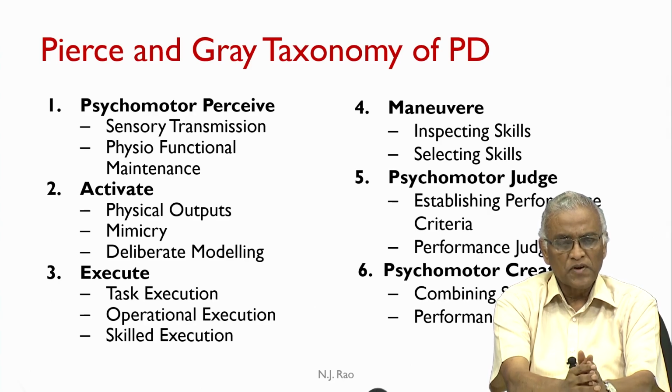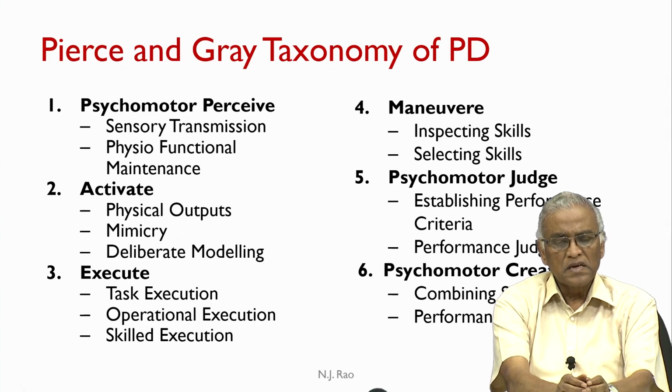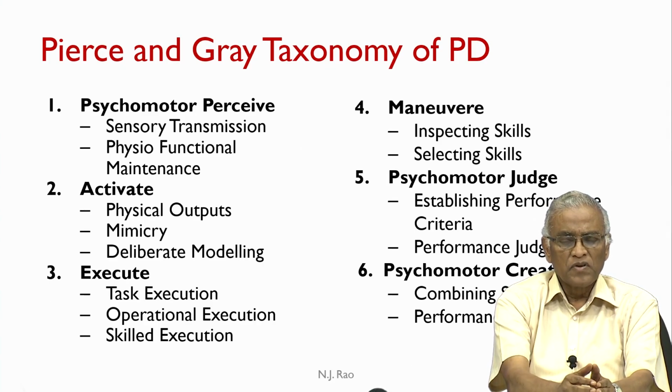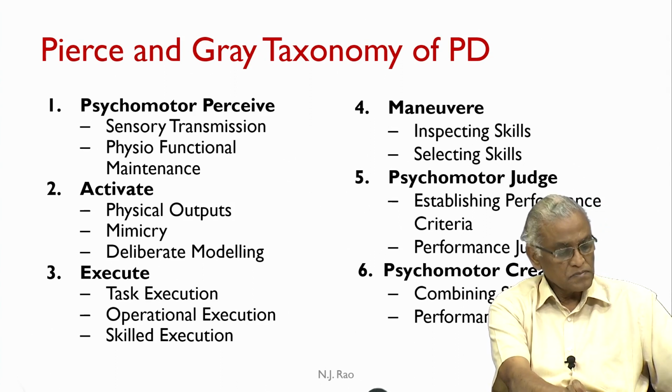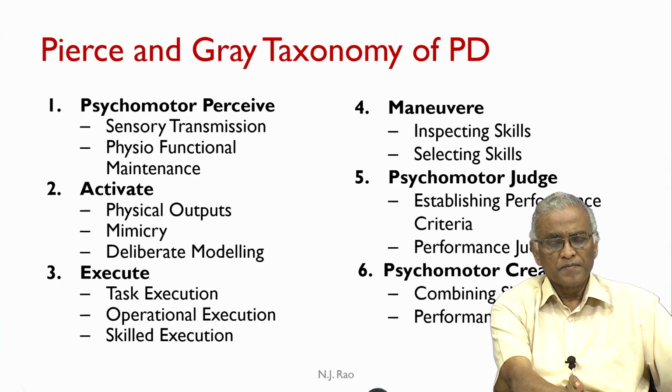In some cases we have 3, in some cases we have 2, and these levels are distinctly observable, but we will not be going through too much detail of the sub processes. We will try to understand the 6 levels of the psychomotor domain.